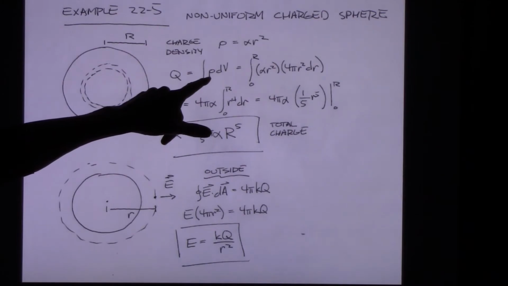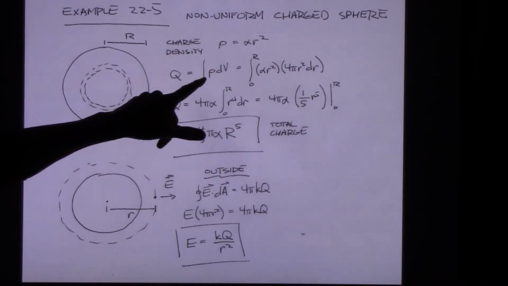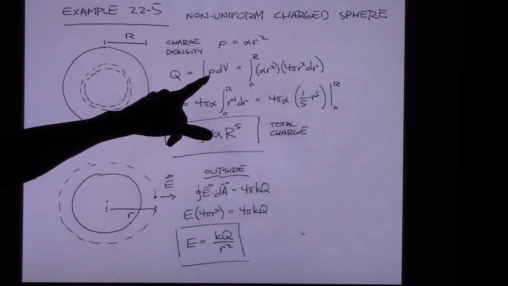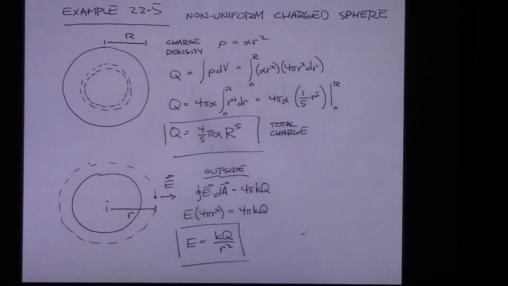And in order to calculate the amount of charge throughout the volume, at each spherical shell, we can write in the density of the charge at that location. Now, each shell has a unique charge density to it.